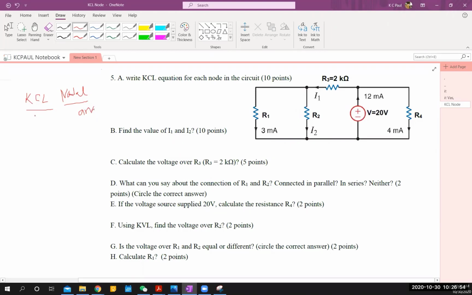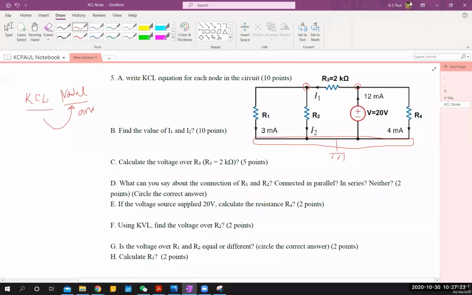Okay, if you don't know, nodal analysis is an application of KCL, because in nodal analysis we think this point has a potential like V1, and this point has a potential of V2, and this entire node is basically grounded.